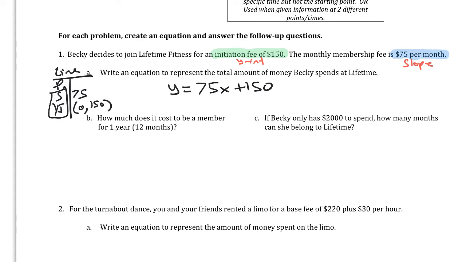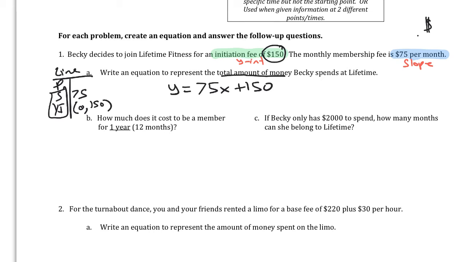All right. With these problems, we want to write down what the variables mean, because x actually stands for something, y actually stands for something. So the total amount of money, that's what y stands for. We can tell because the initiation fee, the y-intercept, is a dollar amount. Also, the slope is dollars per month.